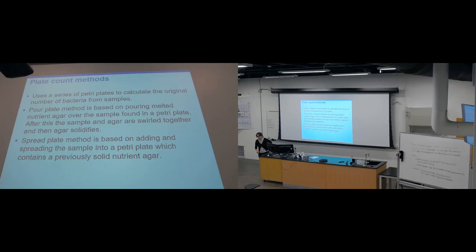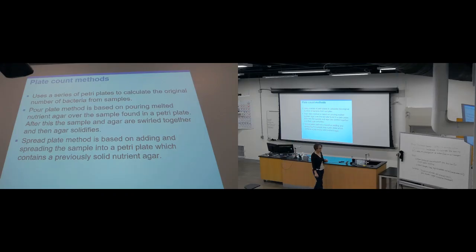So for plate count, you use Petri plates to calculate the original number of bacteria from your samples. You have, again, two types of techniques, pour plate and spread plate.